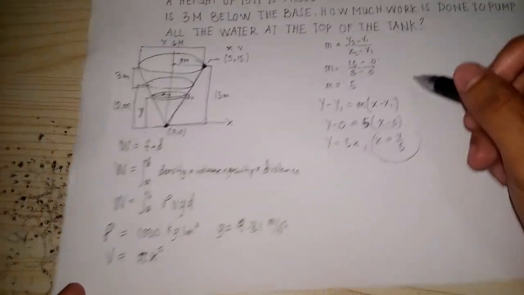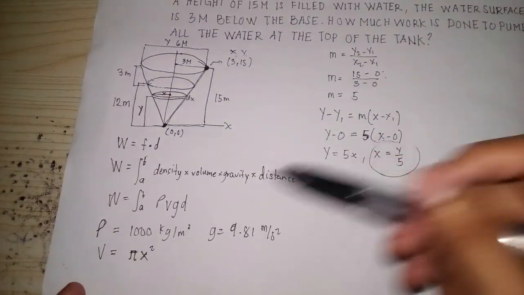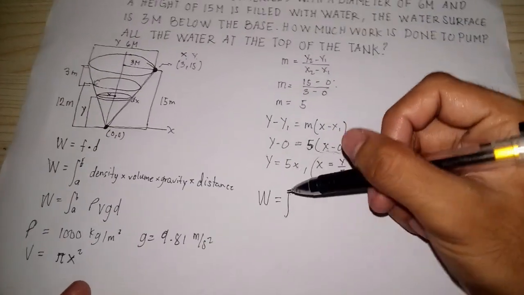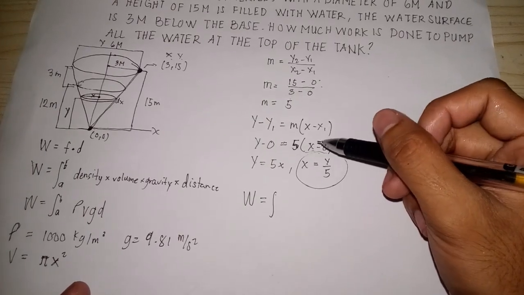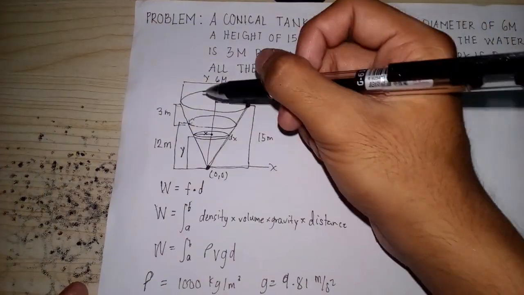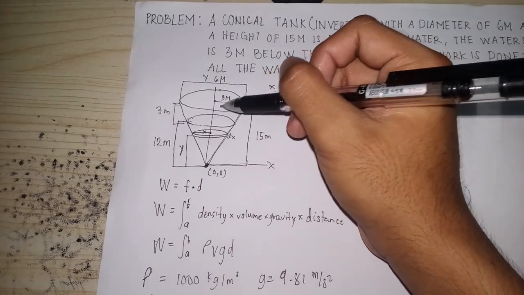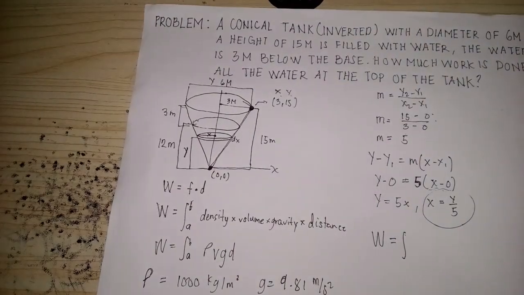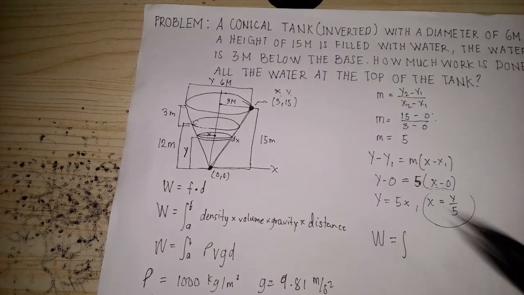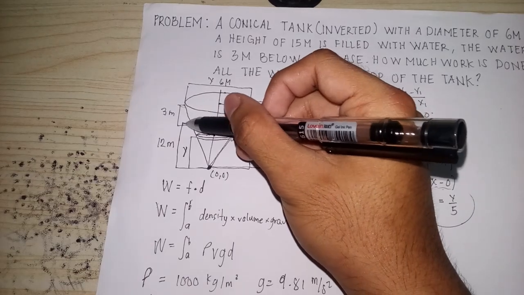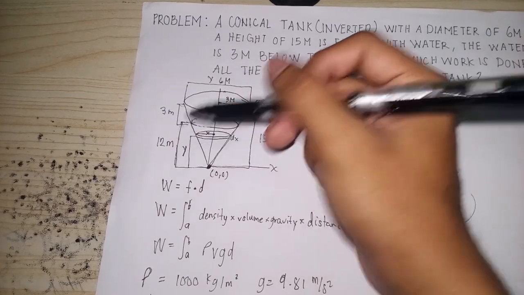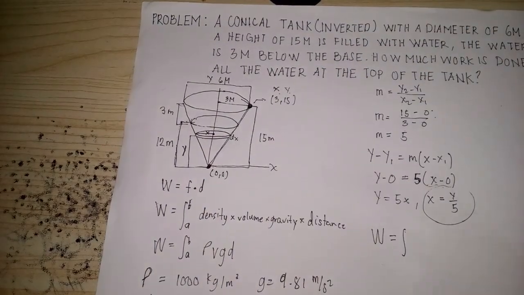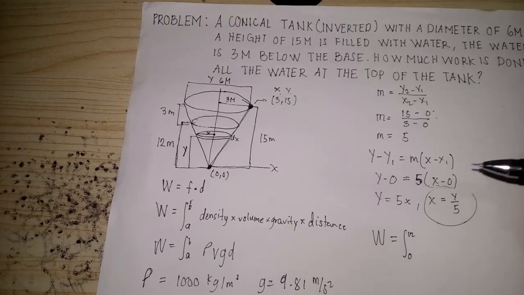Plug all the values that we've got into our formula. Now we will get work is equal to the integral. Of course, our limit will become, since we need the work that is needed to pump all the water, our limit would be from 0 to 12.